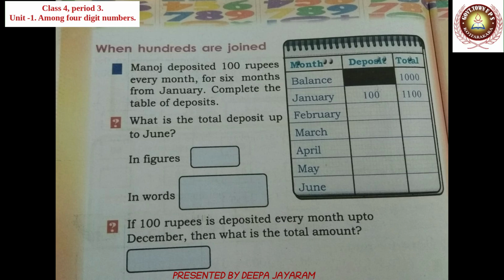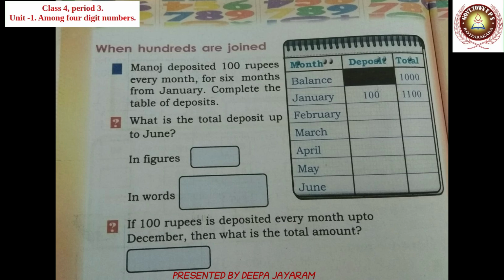February 100, March 100, April 100, May 100, June 100. Then the total column, January 1100, February 1100 plus 100, 1200, like that. After completing the given table, add the numbers in the total column, then you will get the total deposit up to the month of June.